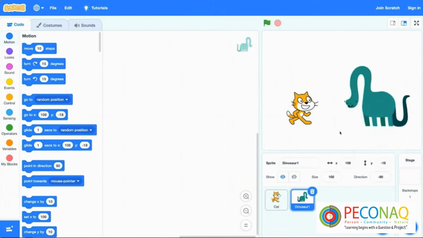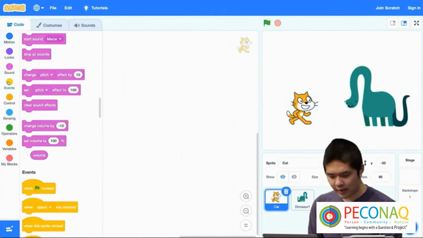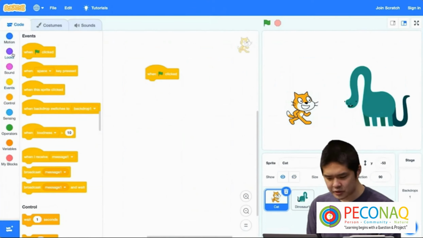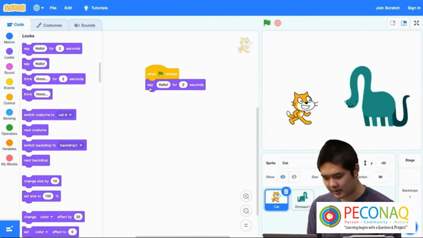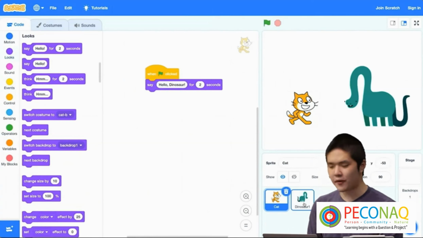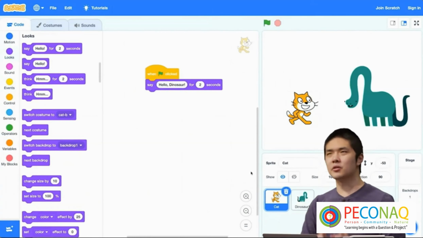If I wanted the cat and the dinosaur to greet each other, then I would have the cat, when the flag is clicked, say hello to the dinosaur. Likewise for the dinosaur, if I want it to respond to the cat saying hello, well, the cat is saying hello dinosaur for 2 seconds, so the dinosaur better wait 2 seconds before it responds.